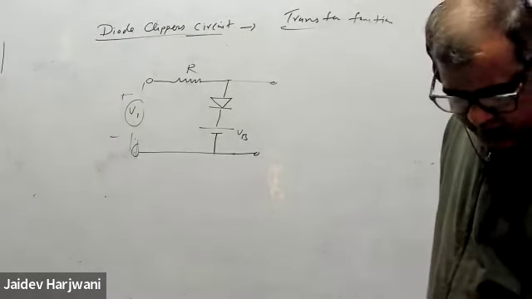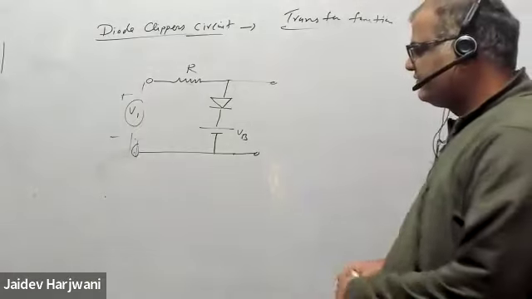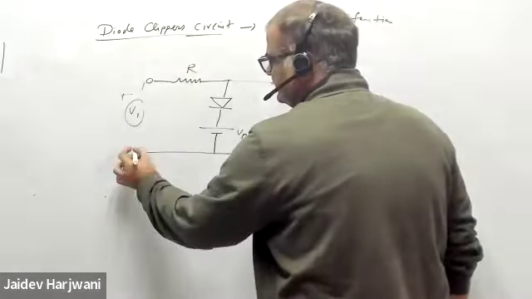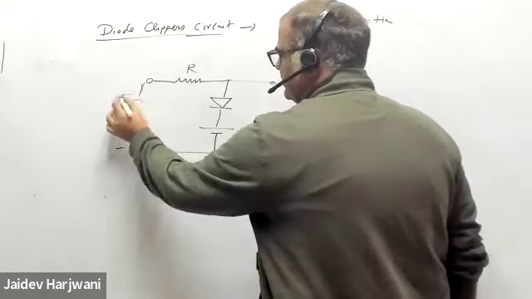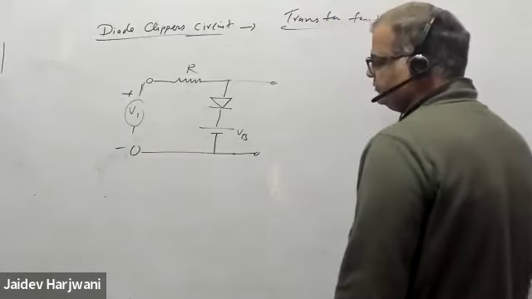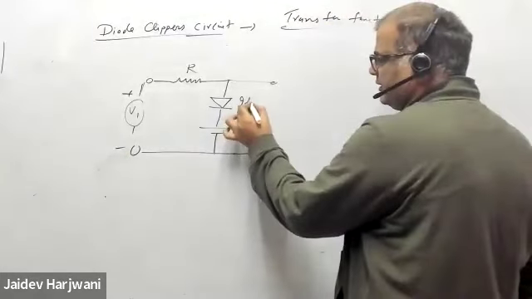So please plot the IV characteristics for this graph. Diode is ideal.